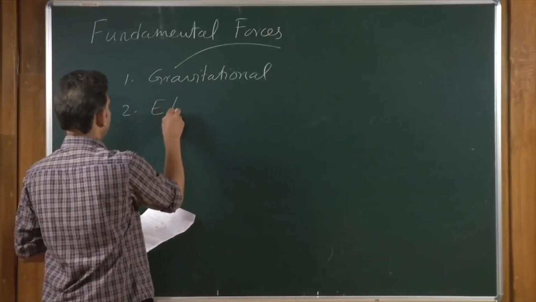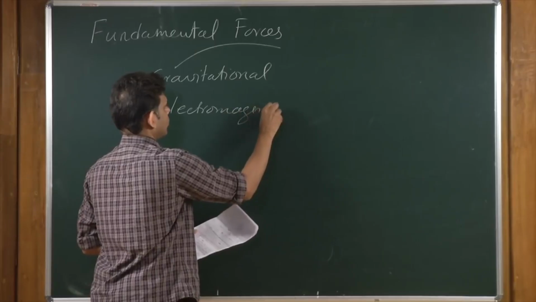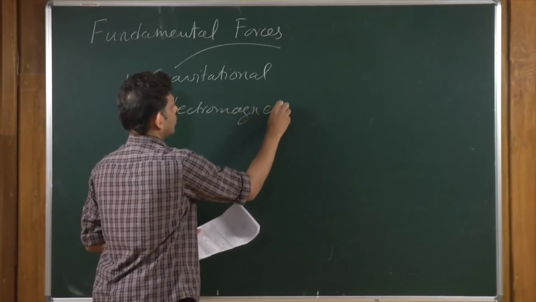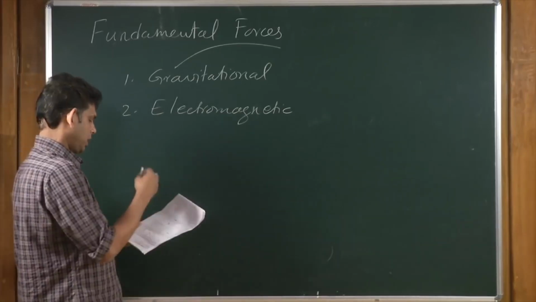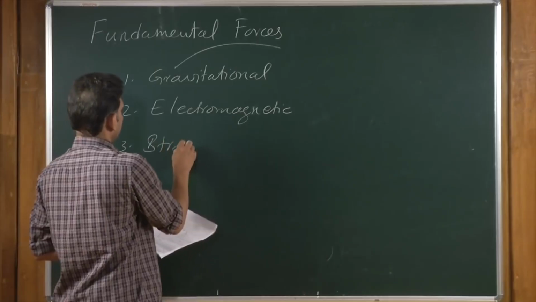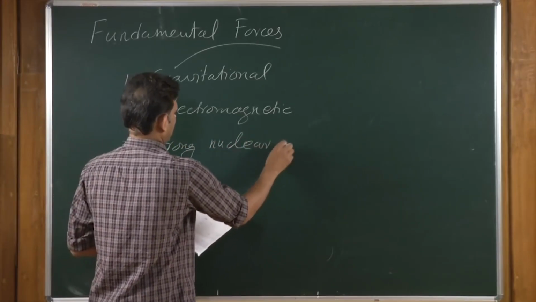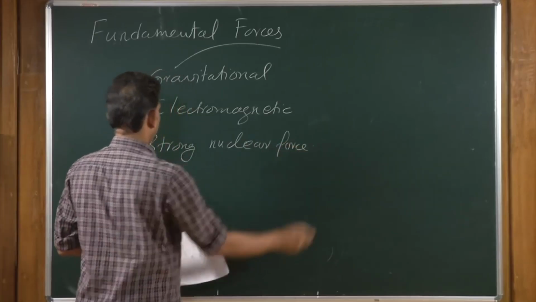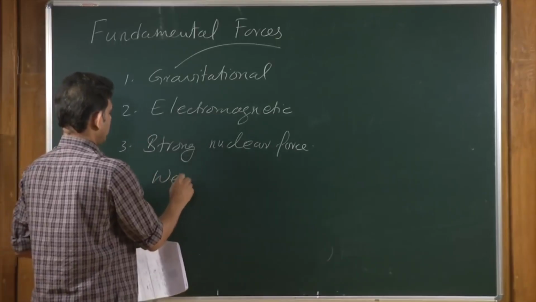Then we know about electromagnetic force, which is also there in our day to day experience. And we talked about the strong nuclear force, and we also suggested that there should be some weak nuclear force.